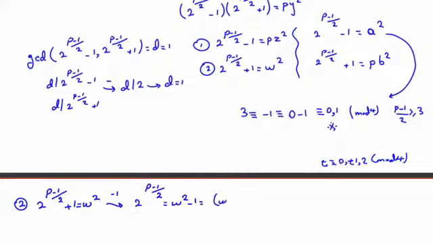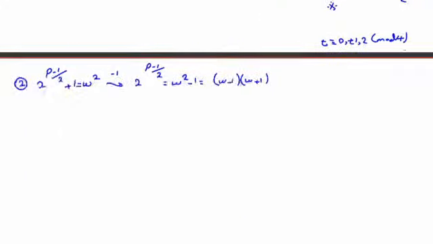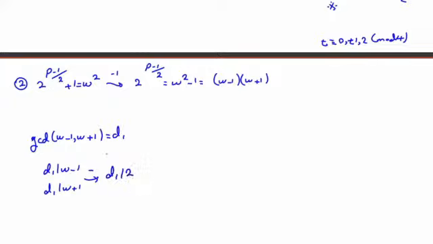So it will be w minus 1 times w plus 1. Now here, because again we consider GCD. Suppose the GCD of w minus 1, w plus 1 is d1. Then we can say d1 divides 2. Why? Because d1 divides w minus 1 and w plus 1. If we subtract, d1 divides 2, so d1 is 1 or 2.